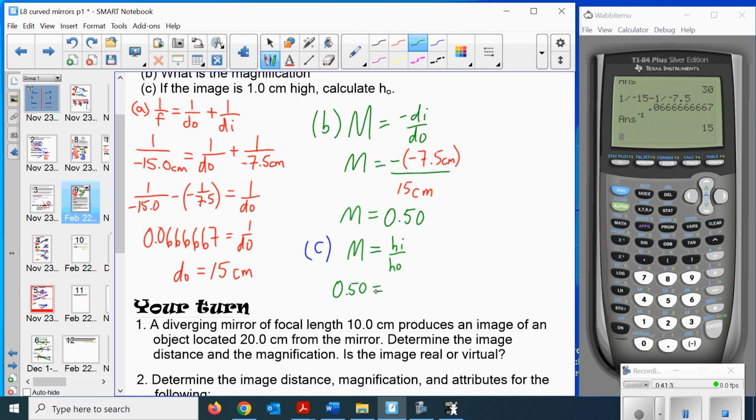HI, I'm giving the image this time. Find the height of the object. In this case, think of this as multiplying both sides by HO, dividing both sides by 0.5. It's really just switching spots, right? I'll write that down. I'll make some space here.